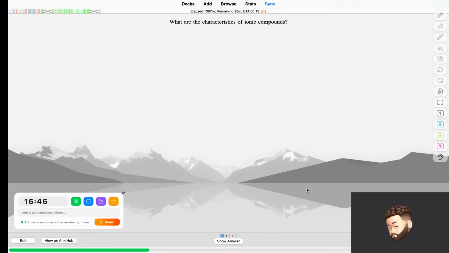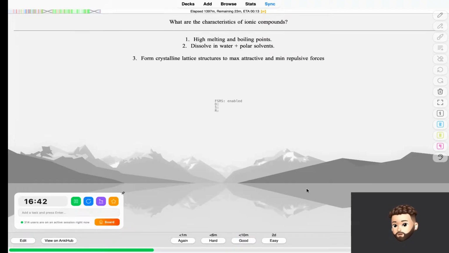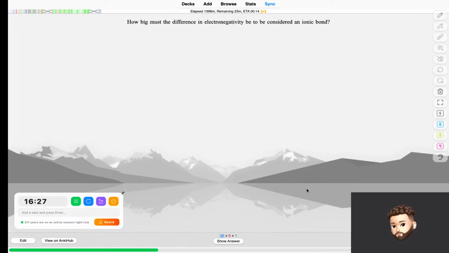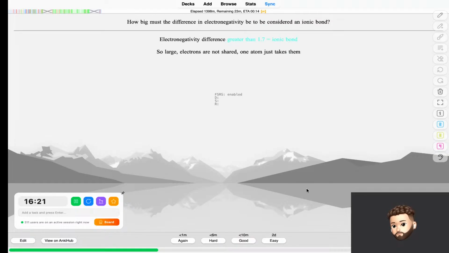I don't know. High melting and boiling points, dissolve in water and polar solvents, form crystalline lattice structures to maximize attractive and minimize repulsive forces. Okay. Greater than, is it like 1.5? 1.7.